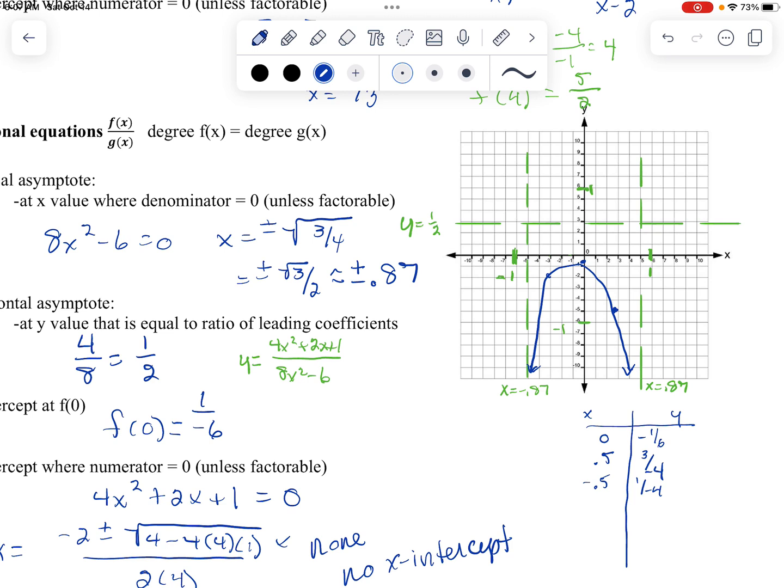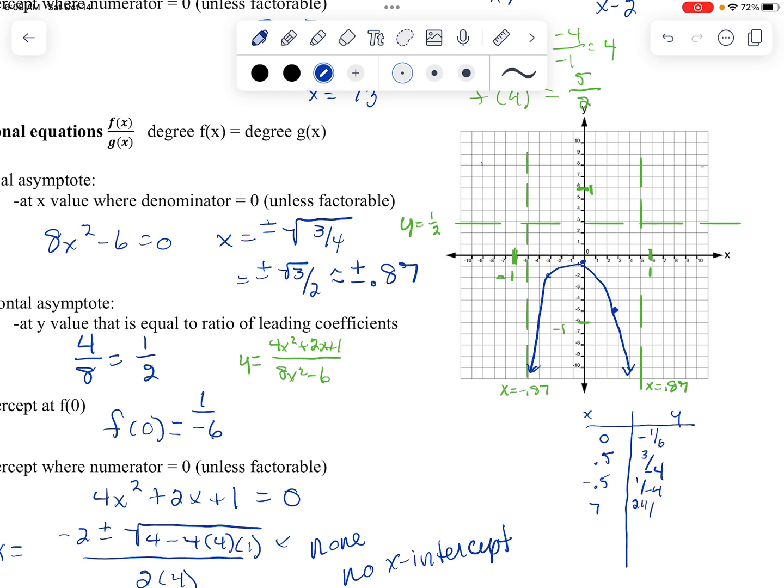Now, experience tells me, because I've graphed a lot of these, that usually when you're in the lower part in the middle, you're in the upper right and left-hand corners of the other two sides. But let's check it out. Let's take a point like 7 and see where we end up. So 7, I've got 4 times 49 plus 14 plus 1, which is 211.